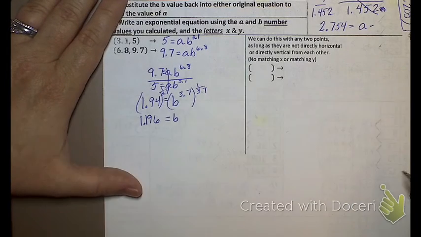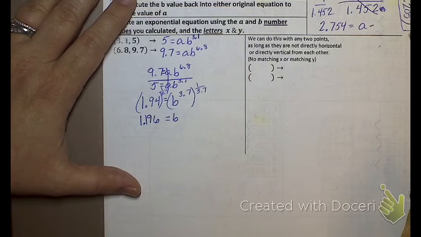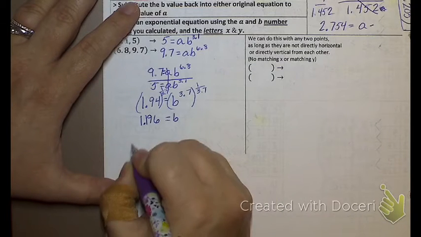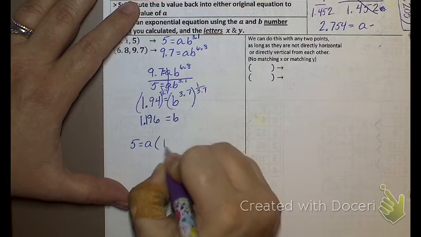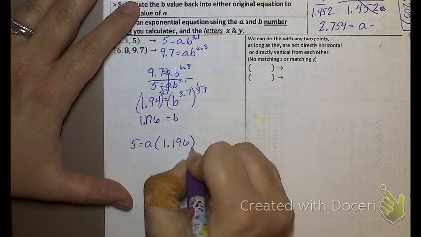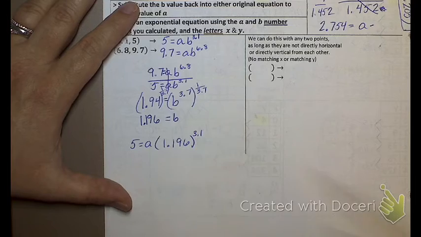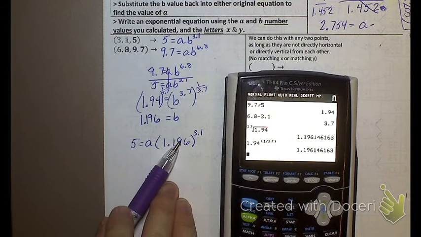Which equation should I plug it into? Doesn't matter, but 5 is probably going to be a little bit more reasonable because it's got a smaller exponent. So 5 equals A times B, which is 1.196, to the 3.1 power. Now, how can I use my answer button to not have to round this off? I already have the 1.196 not rounded off on my calculator screen.